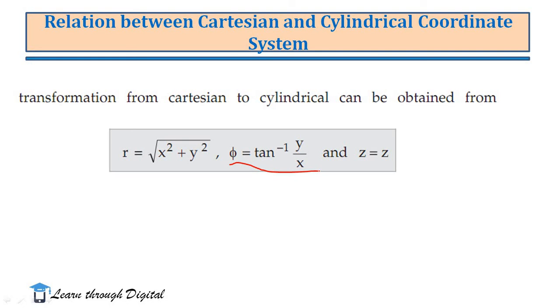That is, it should lie between plus 180 degree and plus 270 degree. So, 180 degree must be subtracted from the calculated phi value to get accurate phi when both x and y are negative. So, we should give great attention while calculating phi. We have to make sure of the signs of x and y.